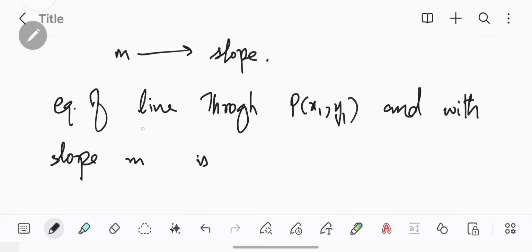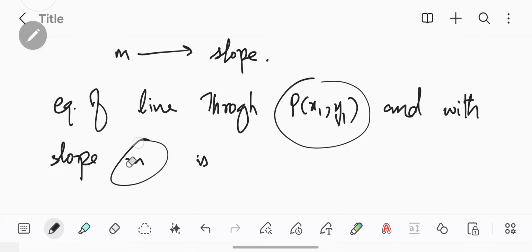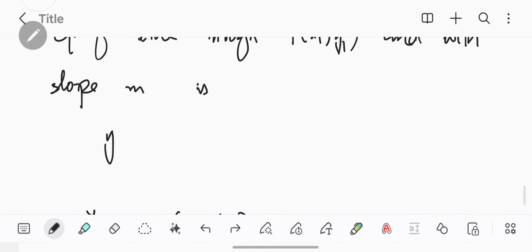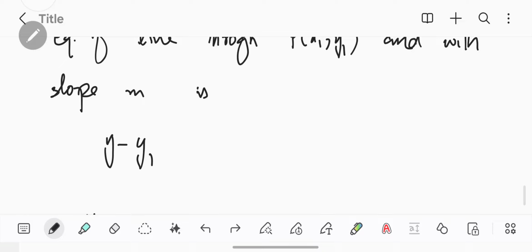So an equation of line through this point and this slope is y minus y1 equals m times x minus x1. This is what we studied in the pre-algebra course.